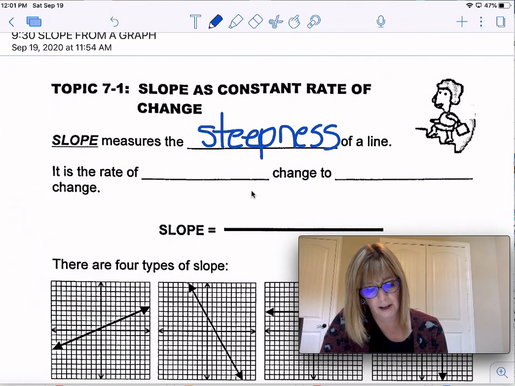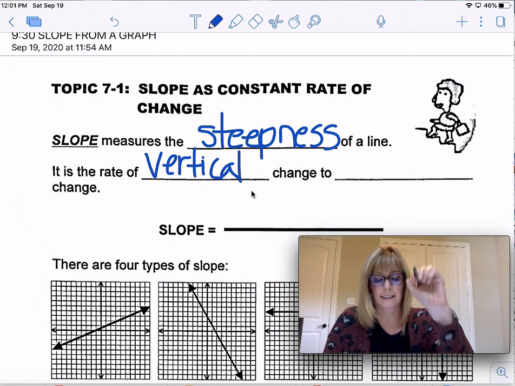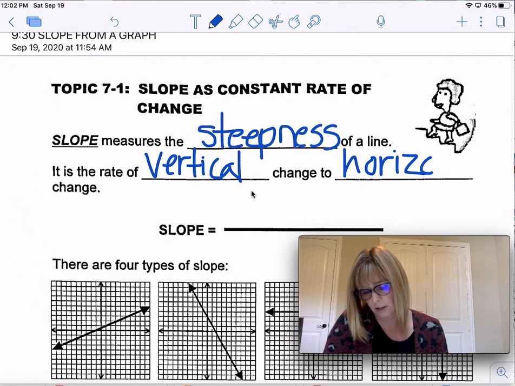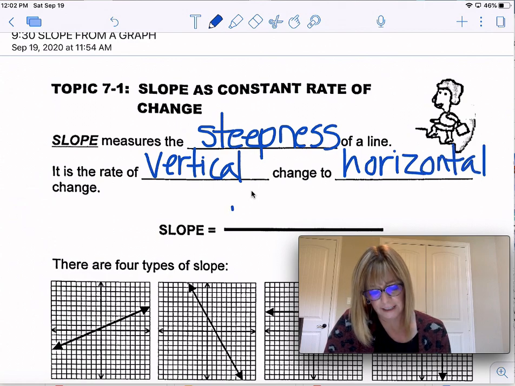It's the rate of the vertical change, that would be the change along the y-axis, over the horizontal change, which is the change in the x. So we usually say slope is the rise over the run.